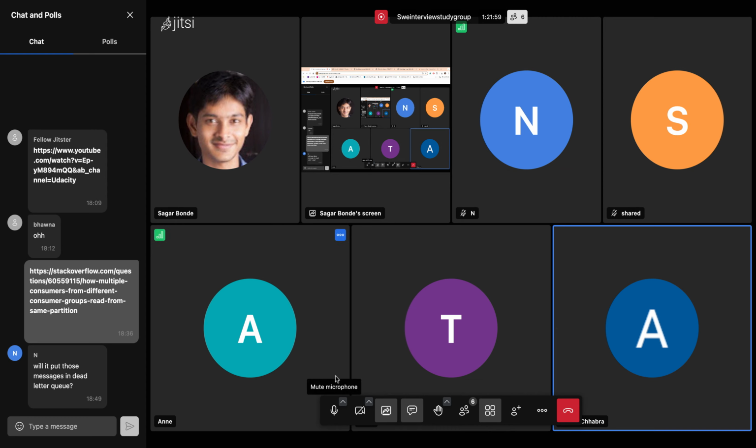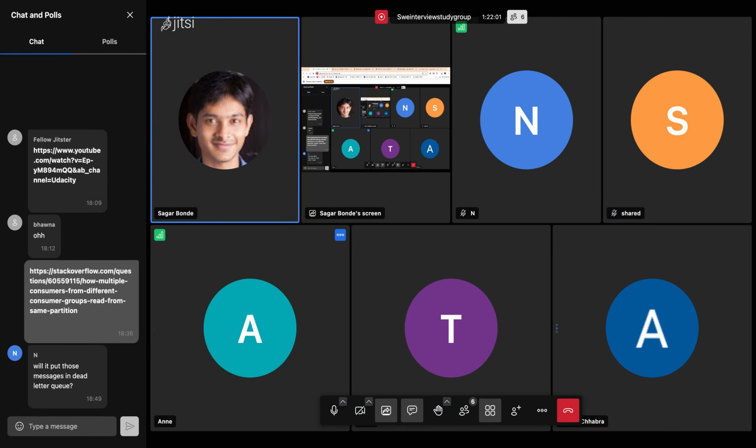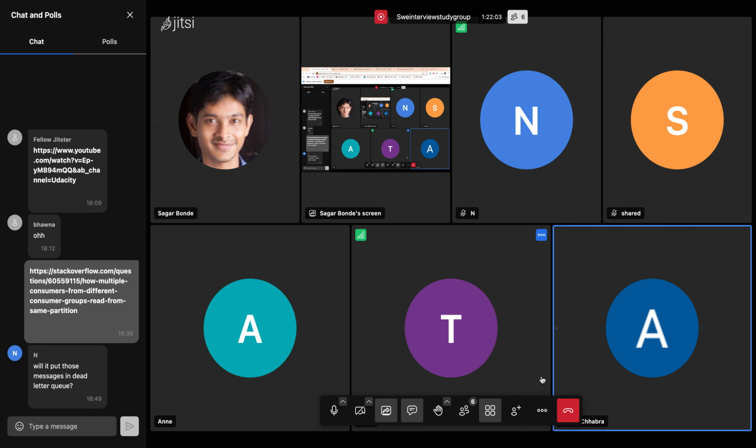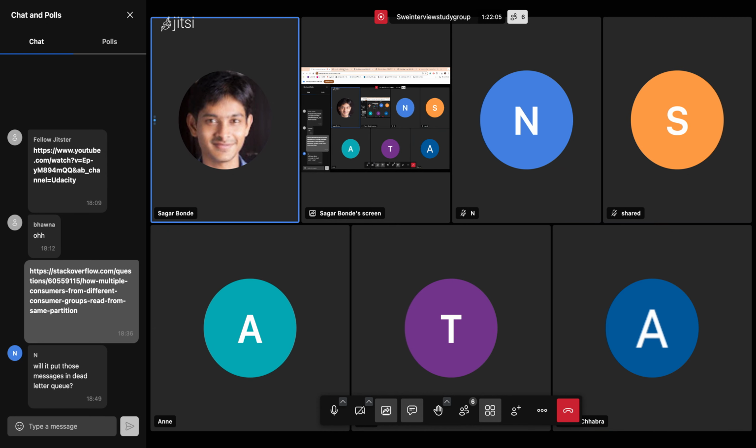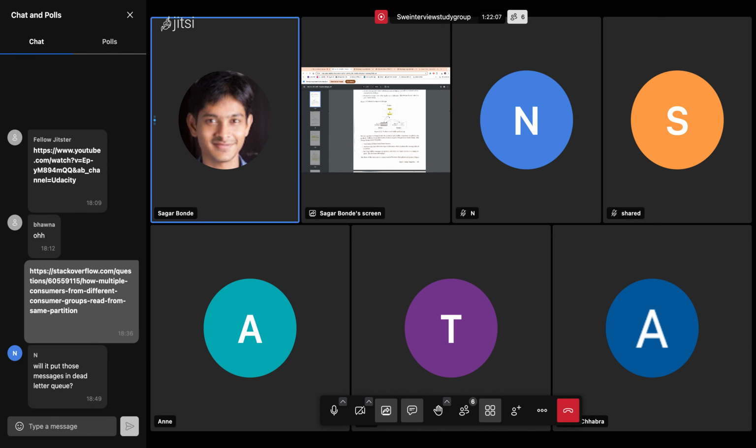Yeah, same. I joined late, what was discussed? So we were discussing the push model. We ran into some doubts related to the push model, like how would the push happen in terms of batches.